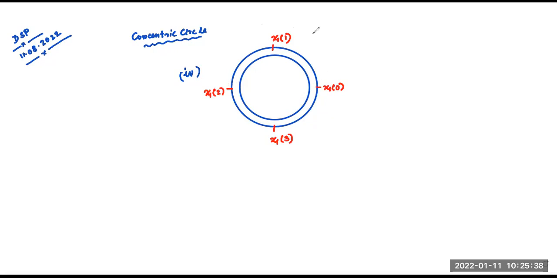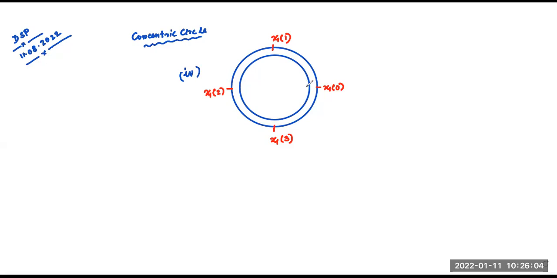So after 2 rotations, what is the position of the inner one? After 2 rotations, the position of the inner one is, in the last, that number 3 rotation.